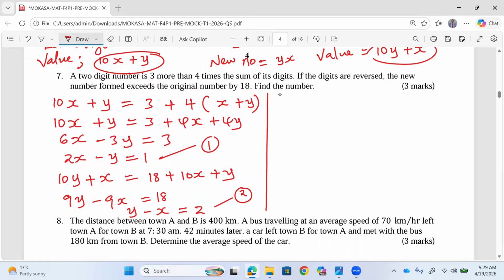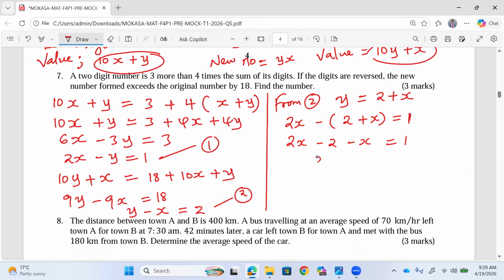So from equation 2, the value of y shall be 2 plus x. The x becomes positive on the right-hand side. So equation 1, 2x minus y equals 1, minus y, that is what it means. So 2x minus 2 minus x equals 1. 2x minus x, we get x.